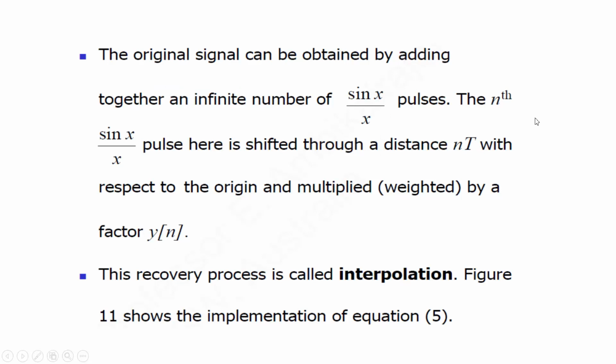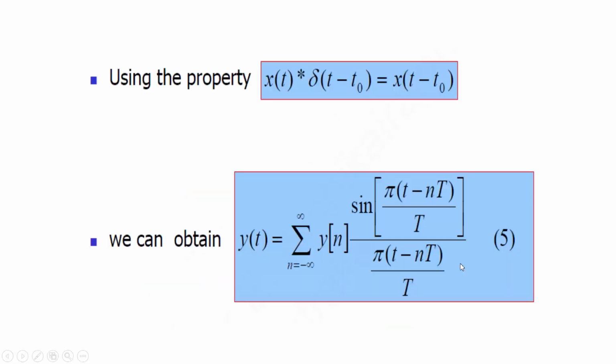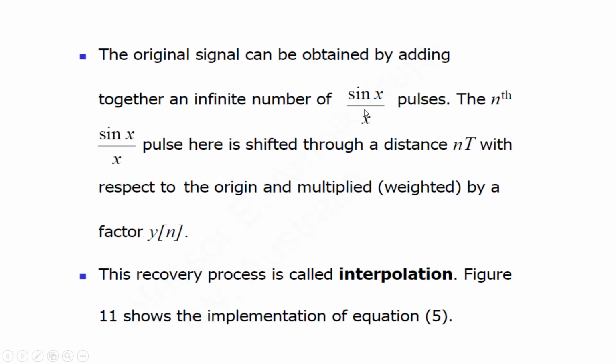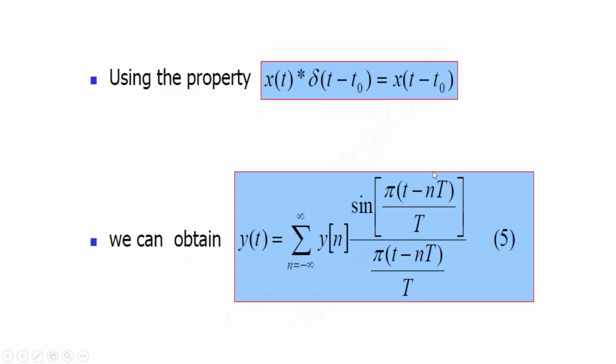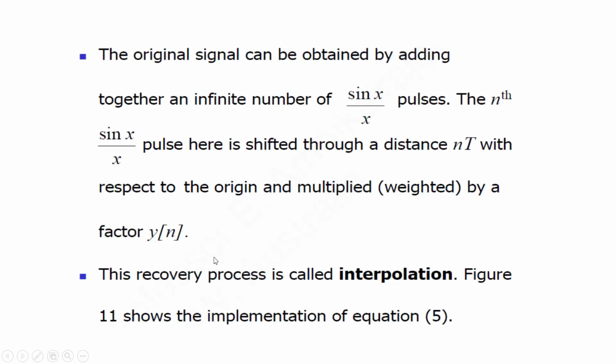The nth sin x by x pulse is shifted through a distance n capital T with respect to the origin and multiplied by a factor y[n]. That's what is given in this expression, that you will have multiple sin x by x pulses shifted by n capital T, and then multiplied by this y[n], right?